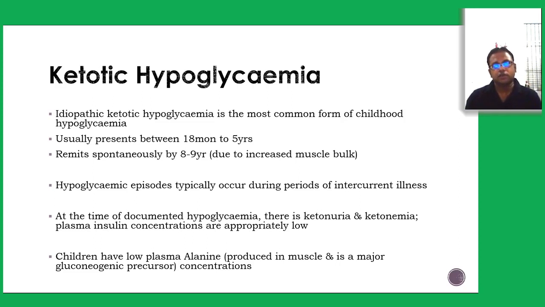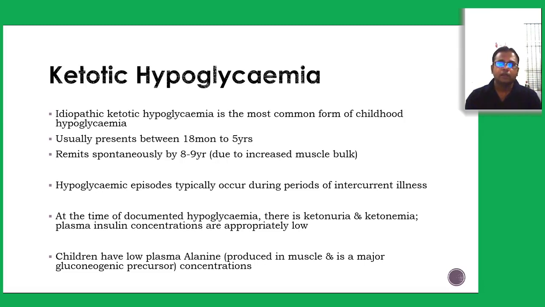And remission, we think, is due to increased muscle bulk. It usually happens associated with other intercurrent illnesses. So at the time of this hypoglycemia, if you check this child's urine for ketones, it will be positive.